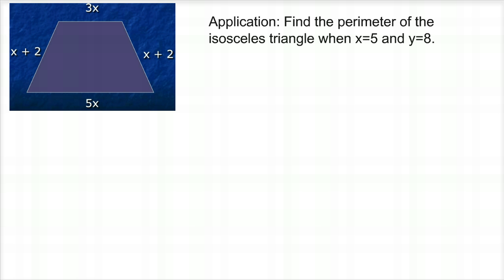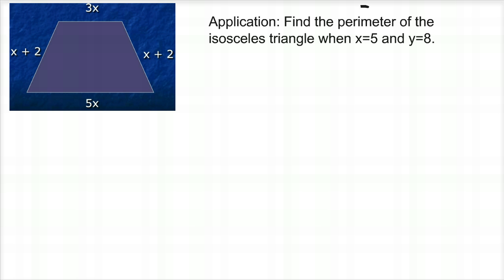So now let's apply this. We are given an isosceles triangle with side lengths labeled with one variable. Our job is to find the perimeter of the isosceles triangle when x equals 5 and y equals 8.